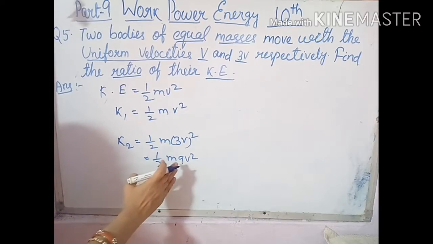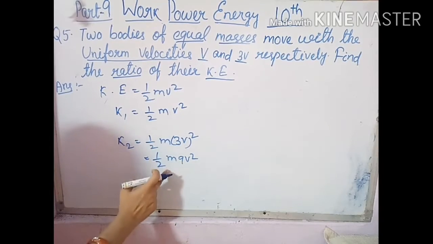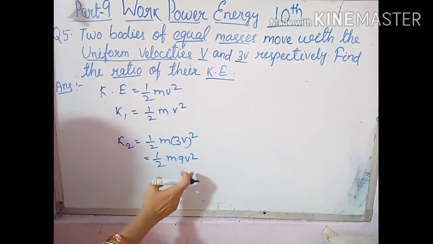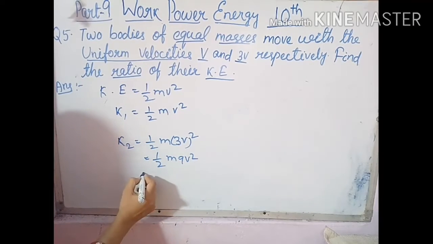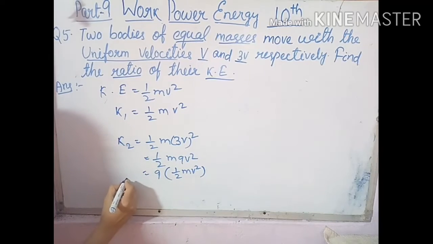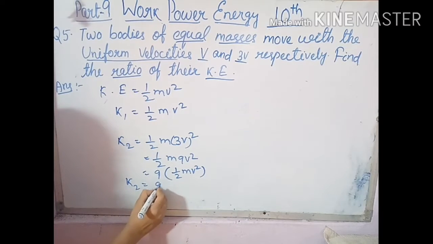Now whatever the extra thing you see, half is there, M is there, V square is there, only 9 is the extra. So you take 9 out and write half mv square like this. So what will happen here? You will get K2 equal to 9 times K1.